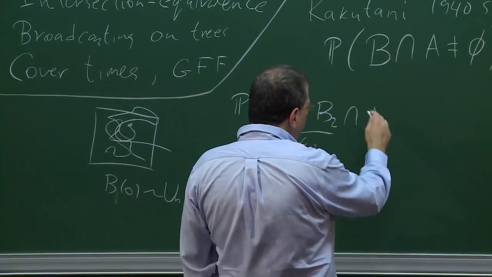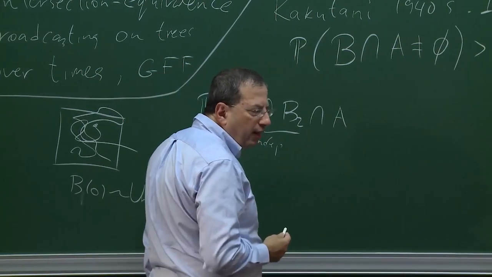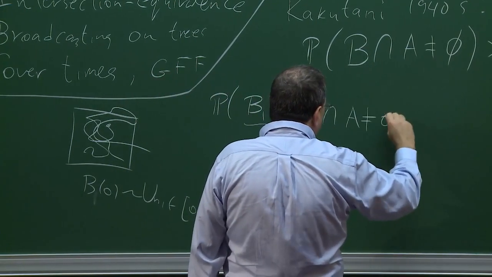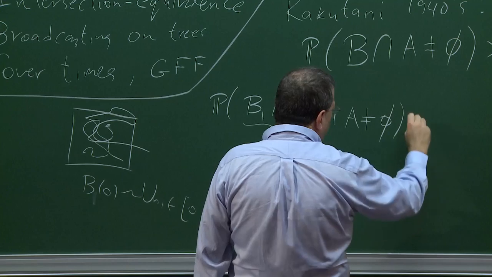But now I want to intersect with a set A, again some compact set. I want to know, when is this intersection nonempty with positive probability?